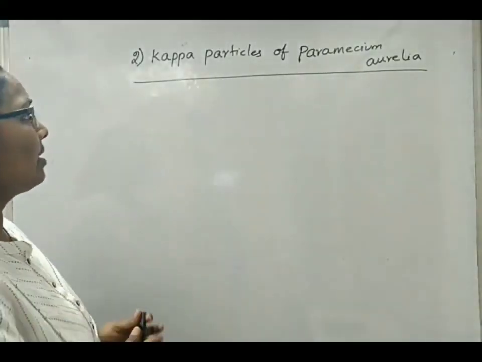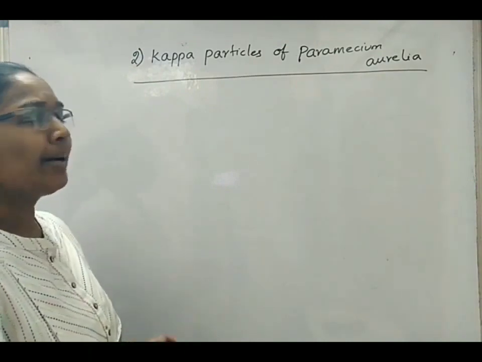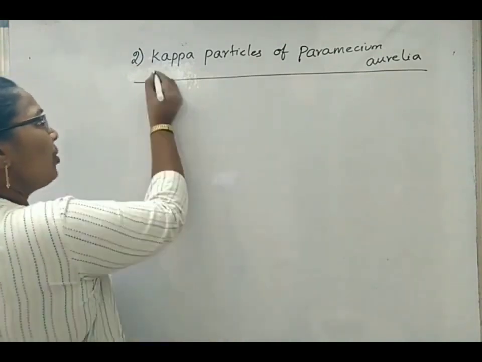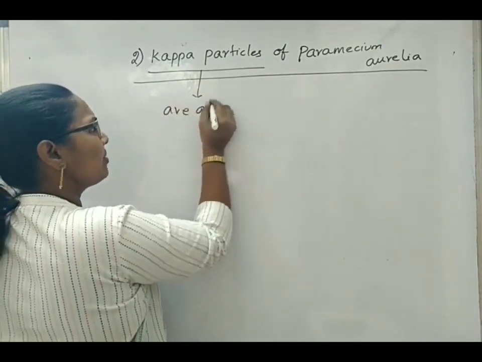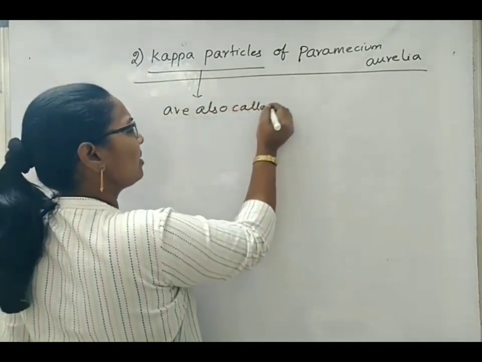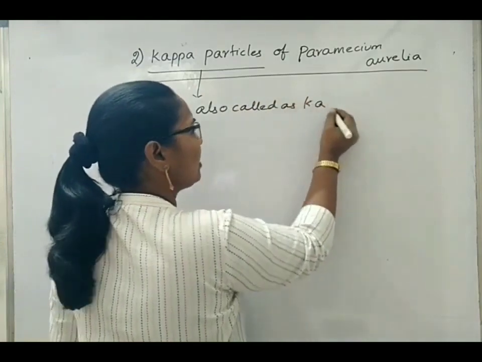Next, we will see the last example, that is kappa particles of Paramecium aurelia. So, what are kappa particles? Kappa particles are also called kappa organisms.